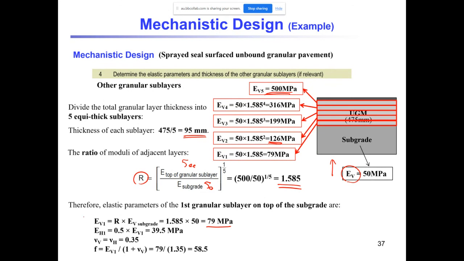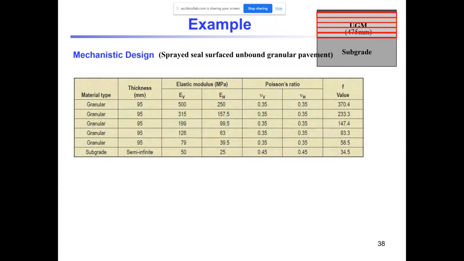And based on that, again, unbound granular material, degree of anisotropy is 2. So simply divide EV by 2 to determine horizontal value. So eventually, this becomes the set of the material parameters for different parts of the pavement structure.